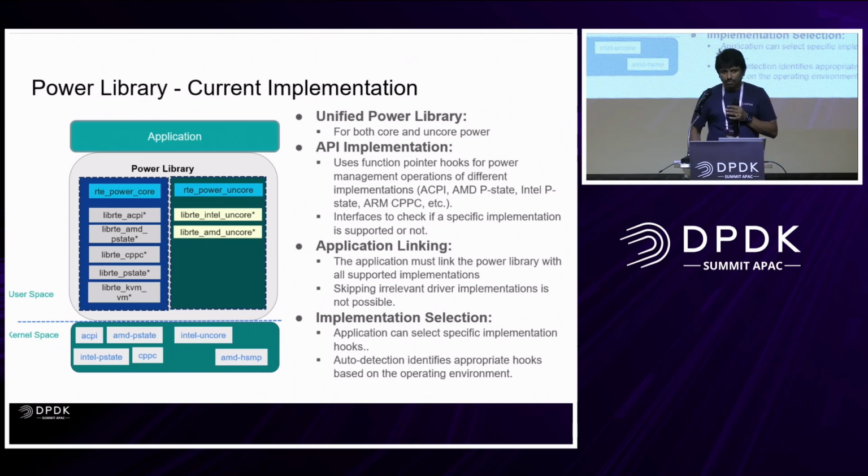Then at the application level, you can choose what operating environment you are on, and based on that you can set a specific environment, which enables the power library to identify the respective driver hooks, and call those hooks as needed when you request any frequency management.